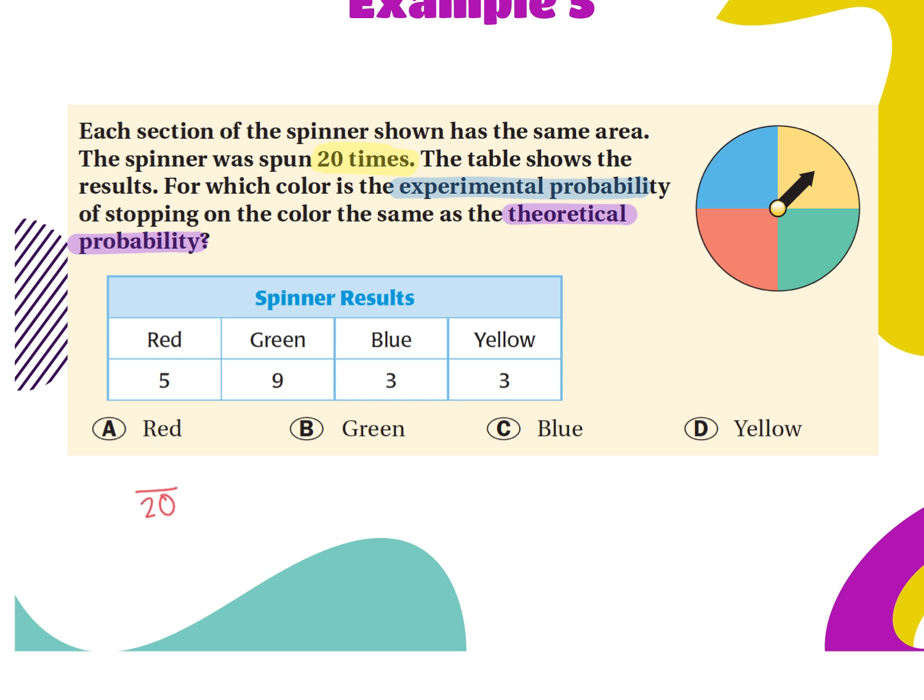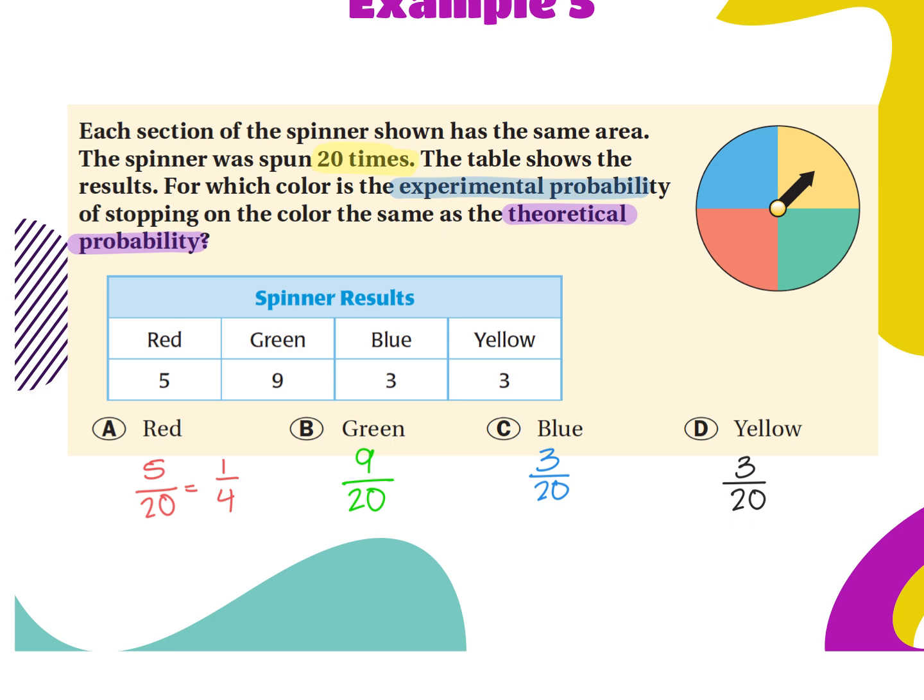How many times did it land on red? 5. I have to simplify that. What would this be as a simplified fraction? Good. Looking at the next one, my green, how many times did I spin it? 20, I landed on green 9 times. I cannot simplify that. Looking at blue, again, I spun it 20 times. I landed on it 3 times. I can't simplify that. And then yellow, it was spun 20 times, and it landed on yellow 3 times.